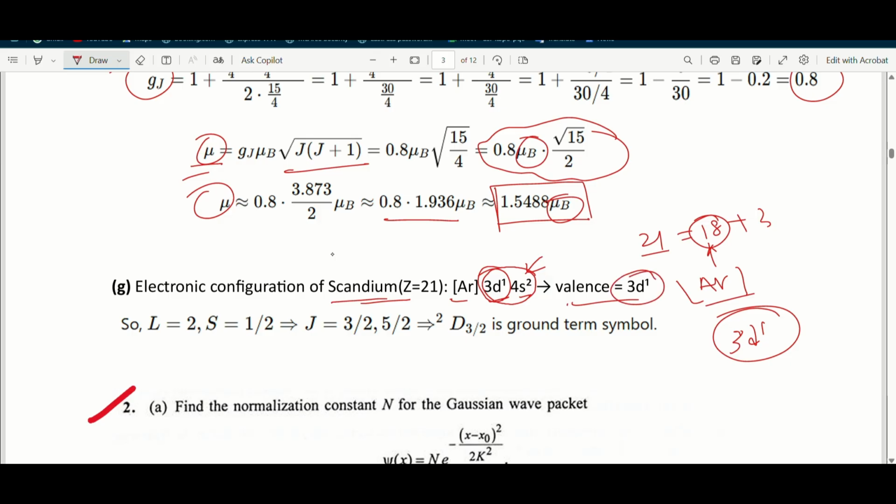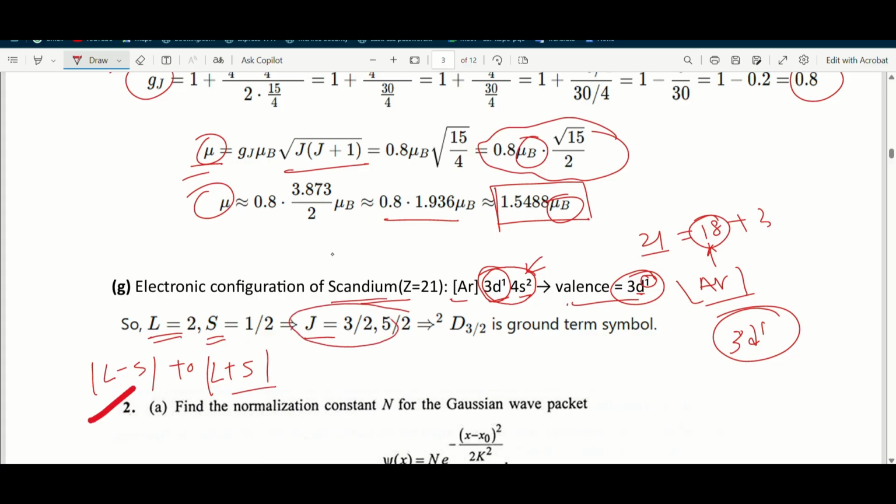So the corresponding L is D, L is 2, and twice S plus 1, that is S equals half, with one single electron, and J equals L plus S down to L minus S, so J takes these values.